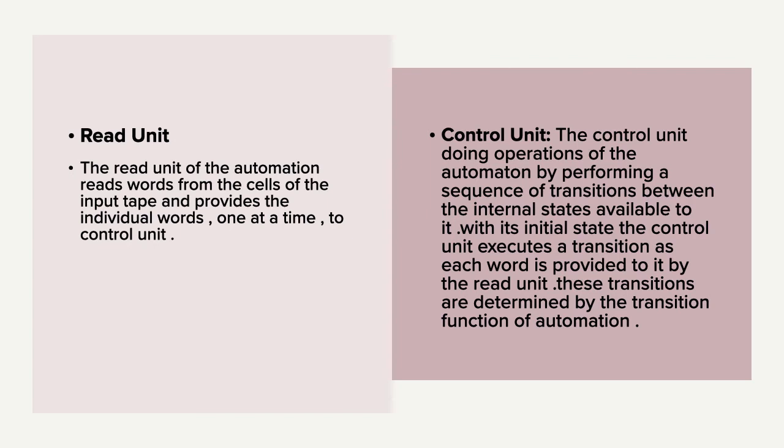The control unit performs the operations of the automaton by performing a sequence of transitions between the internal states available to it. Okay, so every operation is done by the control unit, every input is taken by your input tape, and everything is read by the read unit. That's the way we can work in three areas.